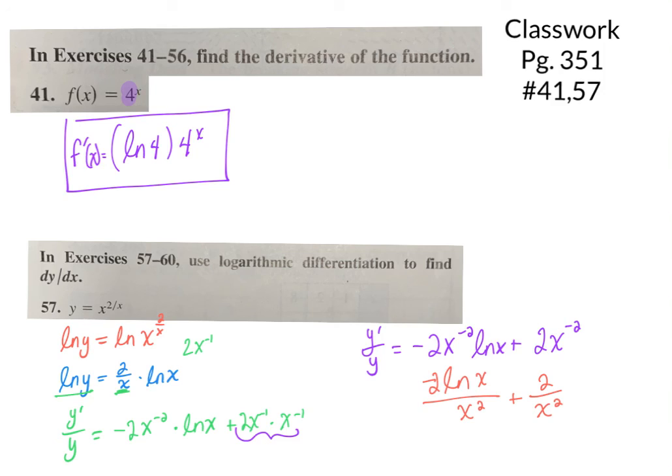I still have to multiply, though, both sides by this y. So I also have to multiply that by my original function, x to the 2 over x. So I do have to multiply by that.